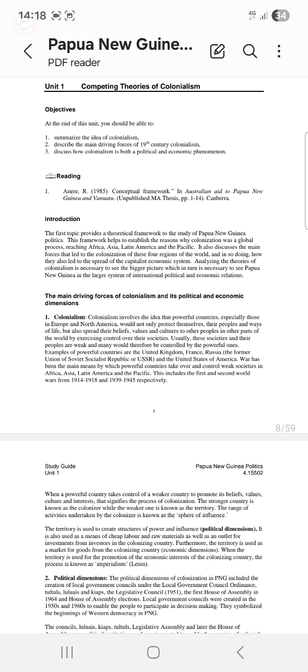Number 2, you must be able to describe the main drivers or driving forces of the 19th century colonialism. And number 3, discuss how colonialism is both a political and economic phenomenon.